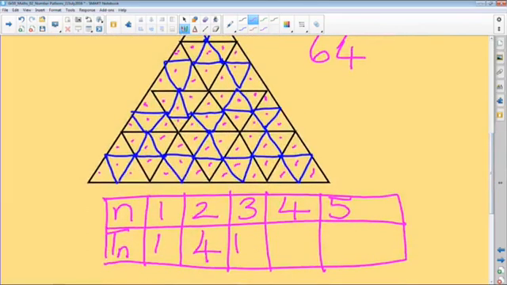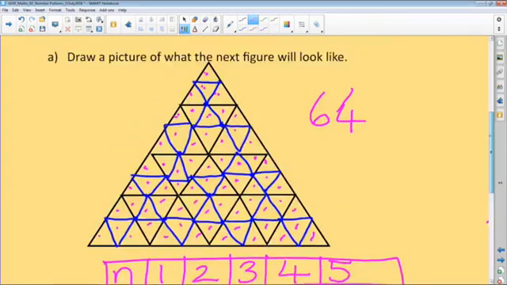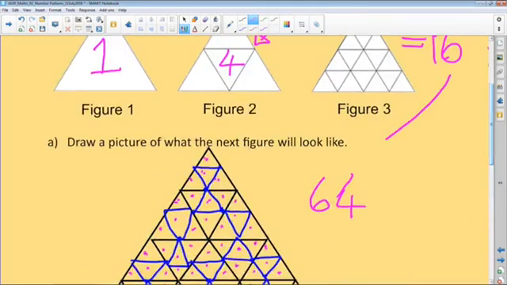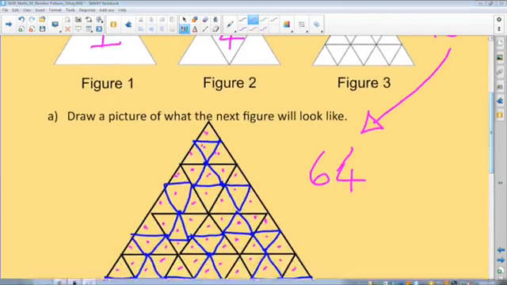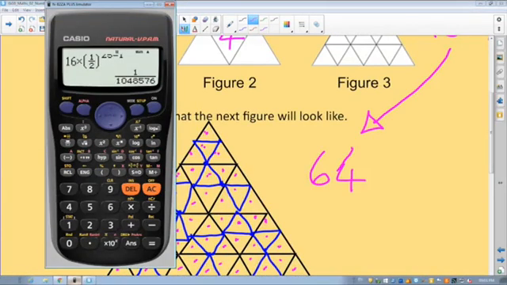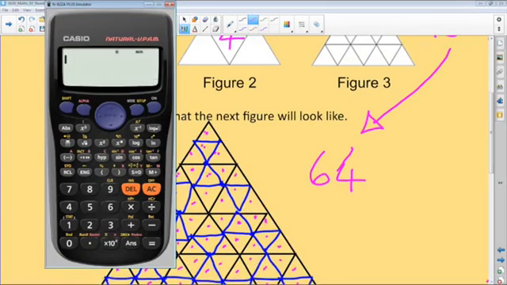Do you think the same relationship applies between that triangle of 16 and this triangle of 64? Well, we have a calculator, so let's use it to prove. What is 16 times 4? And we're multiplying by 4 because each one of those 16 triangles was divided into 4.